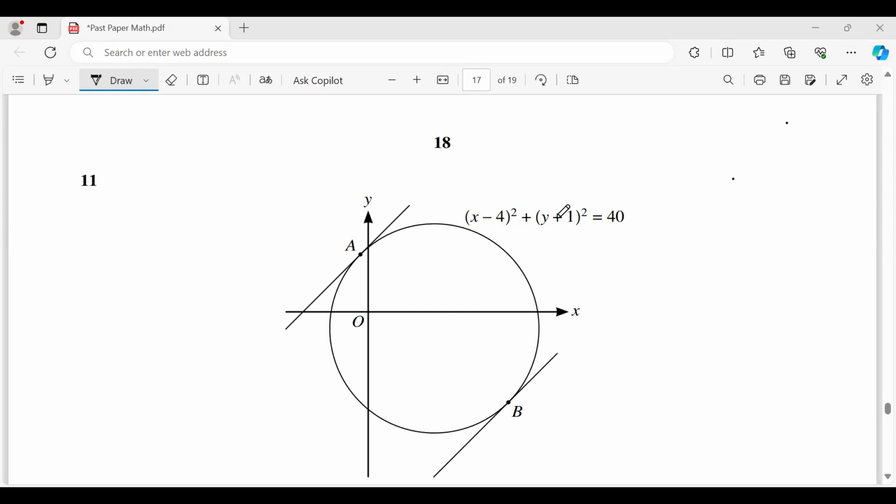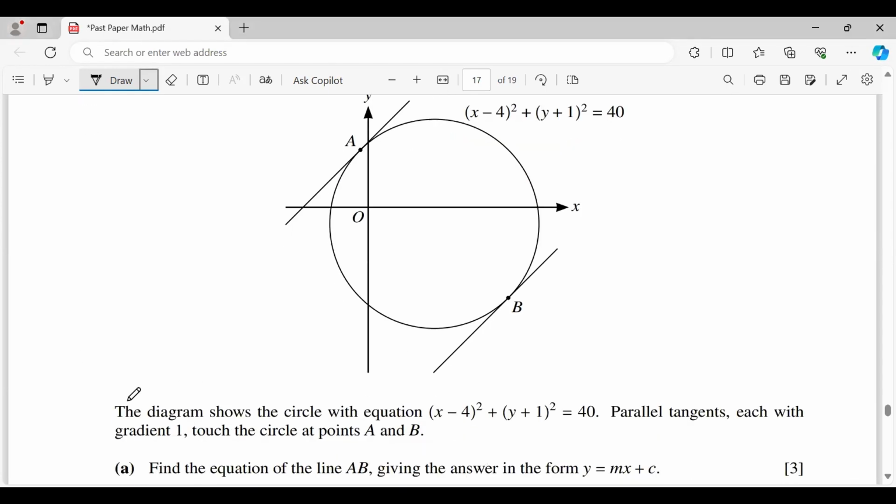Number 11. The diagram shows the circle with equation (x minus 4) squared plus (y plus 1) squared equals 40. Parallel tangents, each with gradient 1.